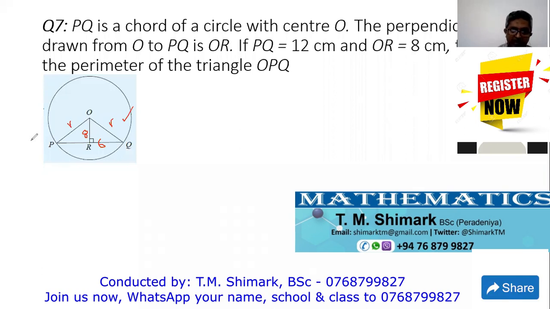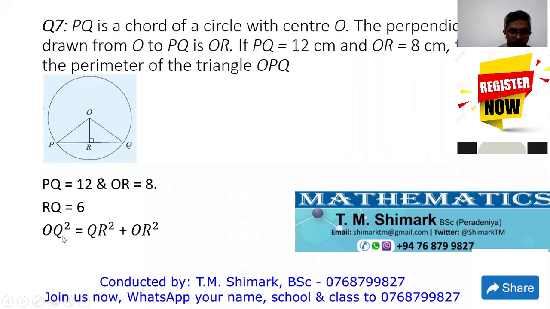I will just show what we have done. PQ equals 12, OR equals 8. That is the data they give. RQ is 6, half of 12 is 6. So the Pythagoras theorem is applied here. OQ squared equals QR squared plus OR squared.